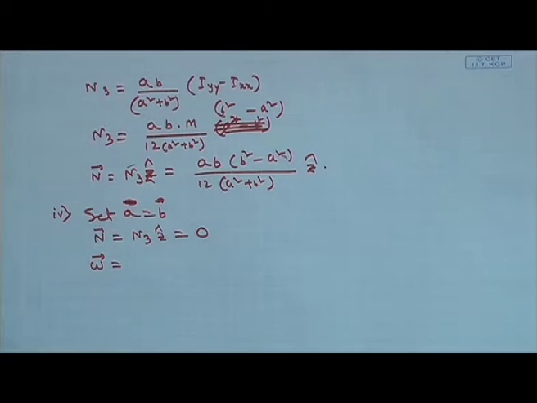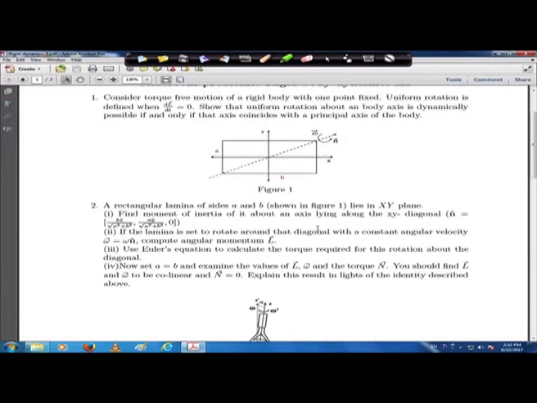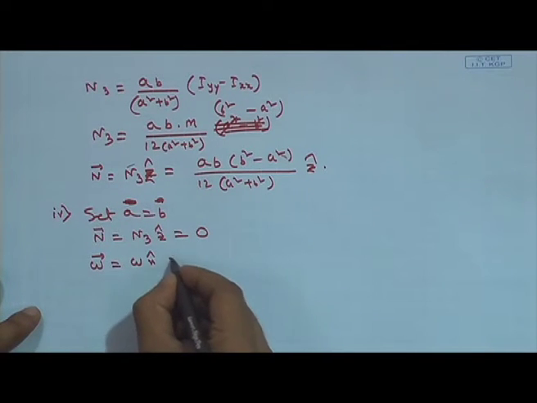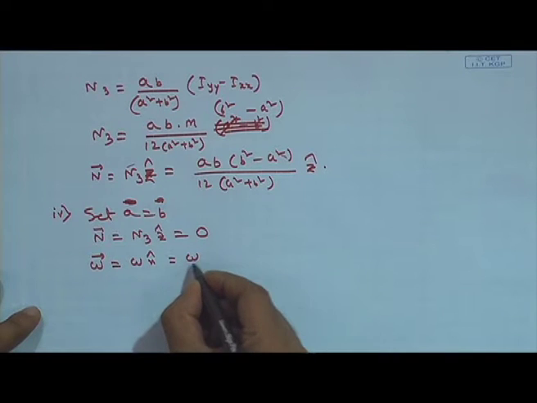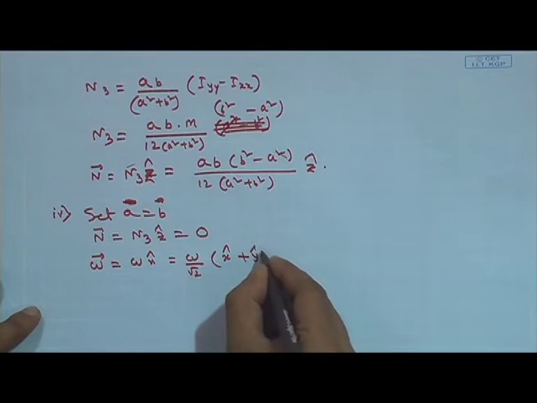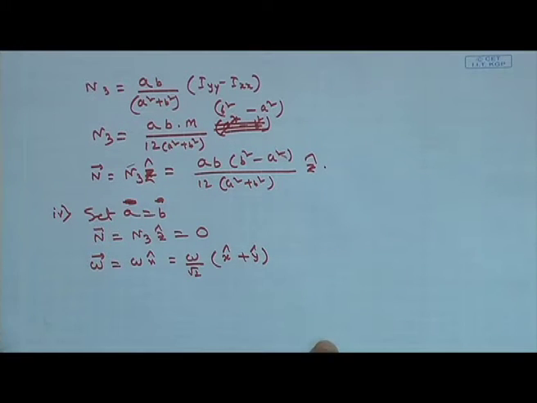In the expression of omega given here, if you put a equal to b, the first term will be a square plus a square, the second term is also the same. After cancellation, your omega will be omega n cap, which is omega by root 2 times x cap plus y cap, right? And what happens to your L?